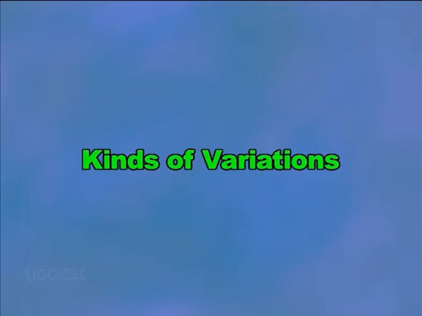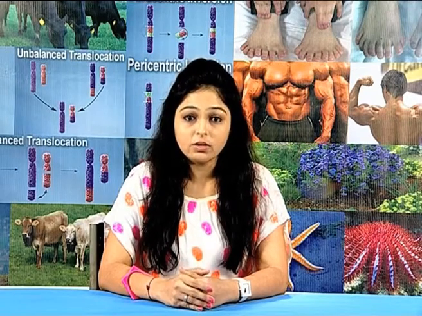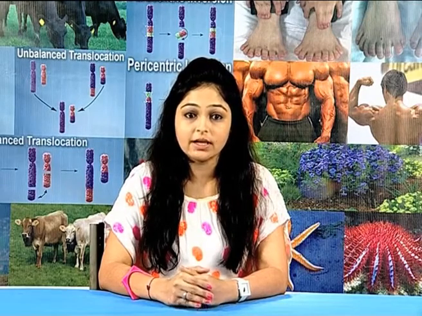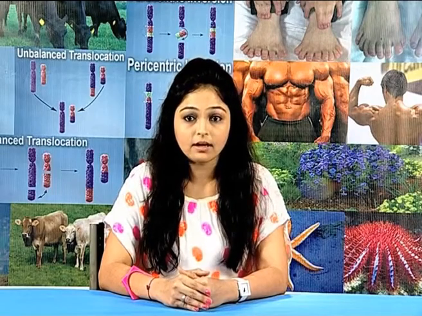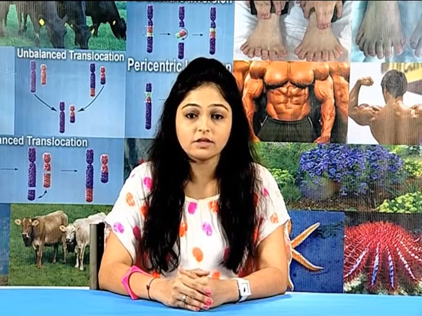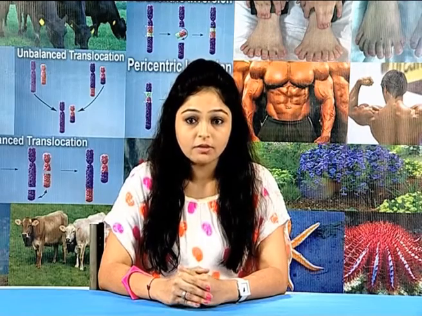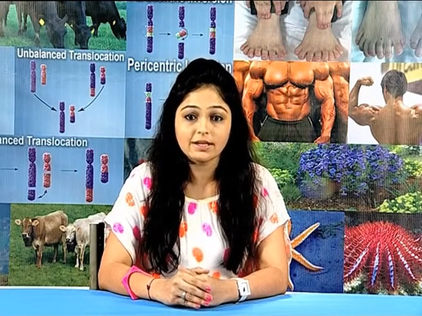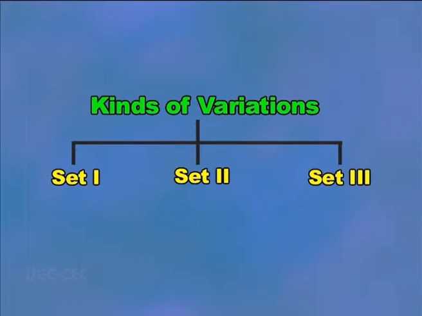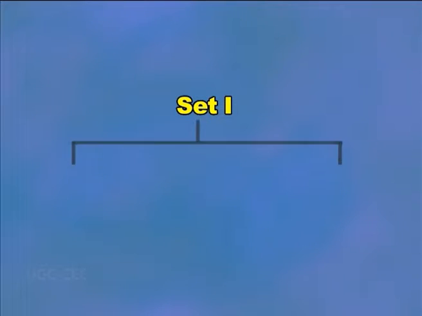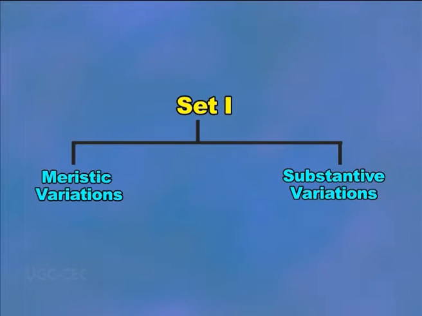We would be now discussing various kinds of variations. Variations include changes in all morphological and physiological characteristics like shape, size, color, number and relative position of different parts, physiological behavior of different organ systems, mental ability, etc. This can be further categorized into three contrasting sets. Set 1 has meristic variations and substantive variations.